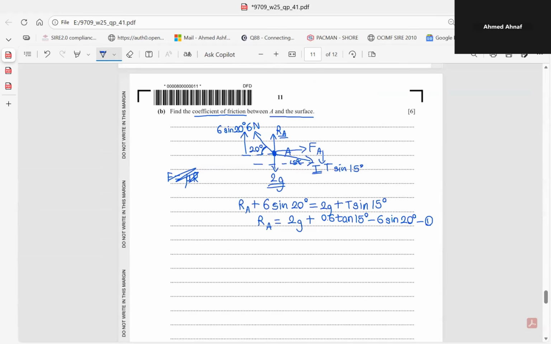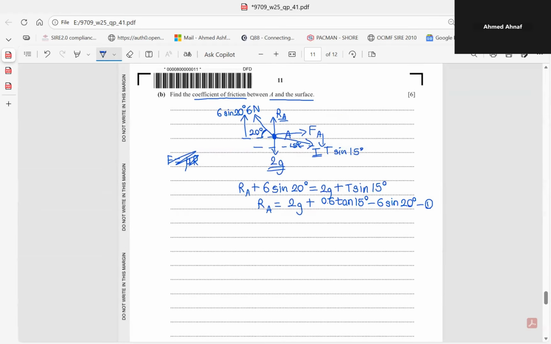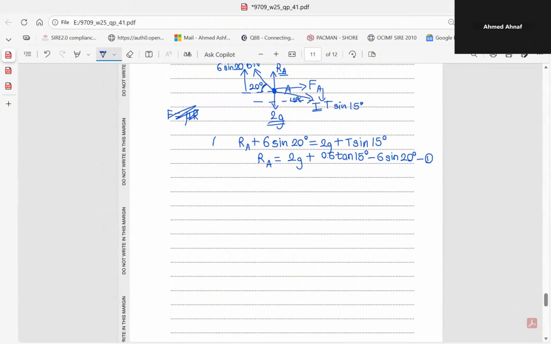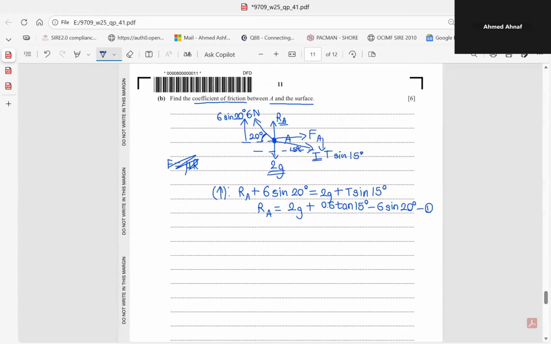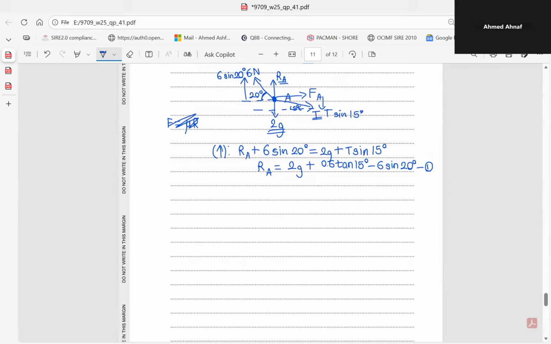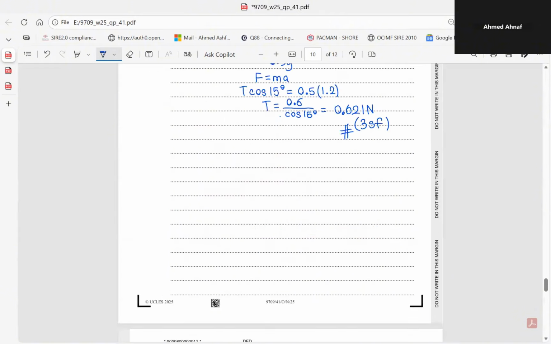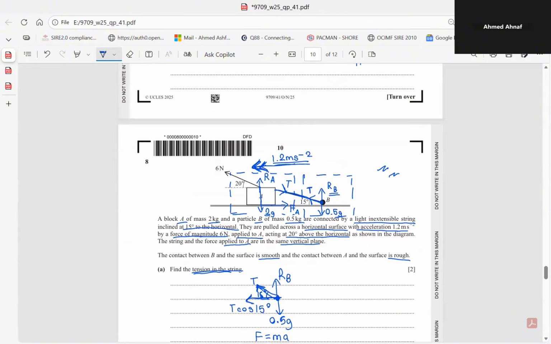Now let's make an equation for the horizontal side. Remember it's not in equilibrium, so we have to use F equals MA. Let's find the horizontal resultant force. It is moving to the left, so any horizontal force to the left is positive.